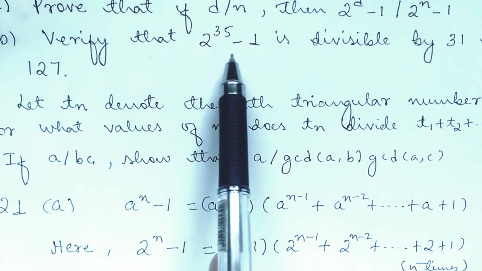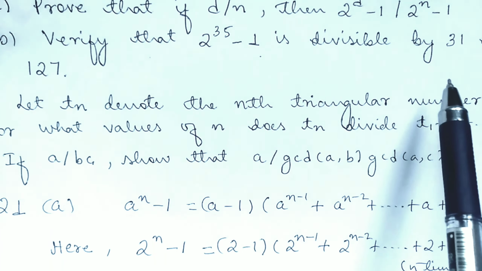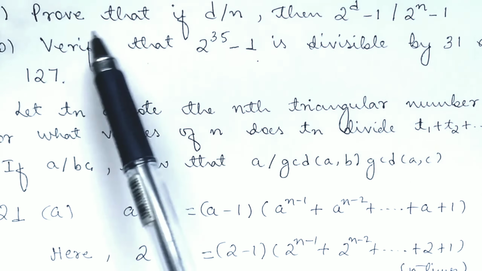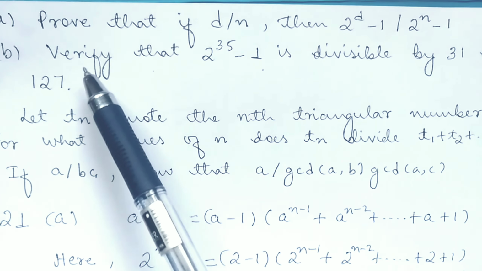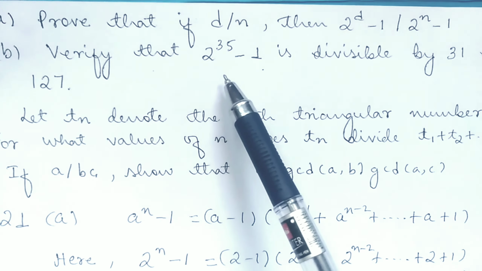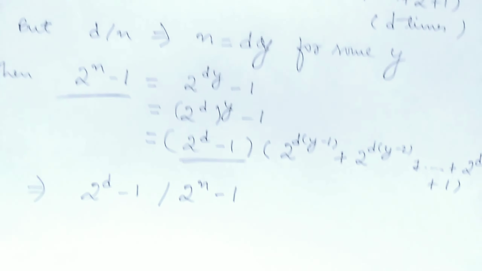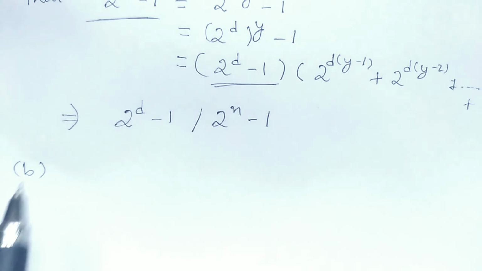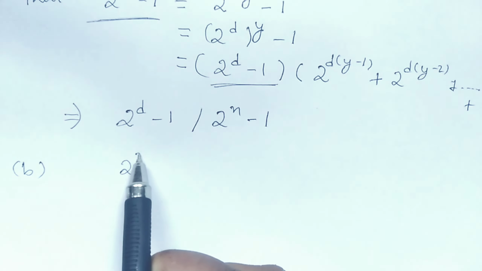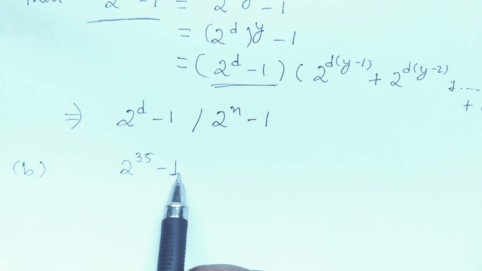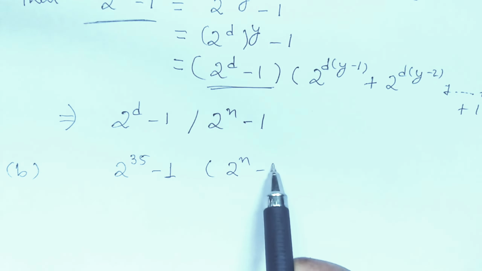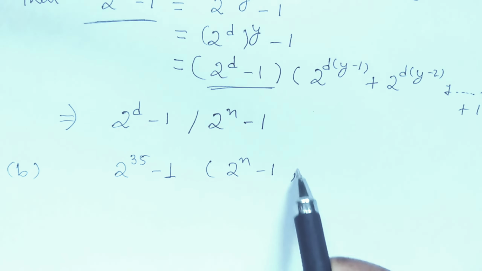Verify that 2^35 minus 1 is divisible by 31 and 127. We have to make use of the first one for verifying this one. Let's see. Okay, second part, c. For this one, I can assume that this is of the form 2^n minus 1, where n is what?